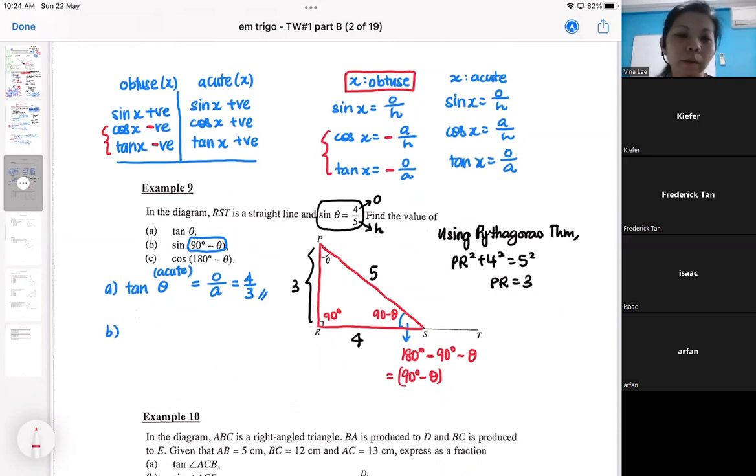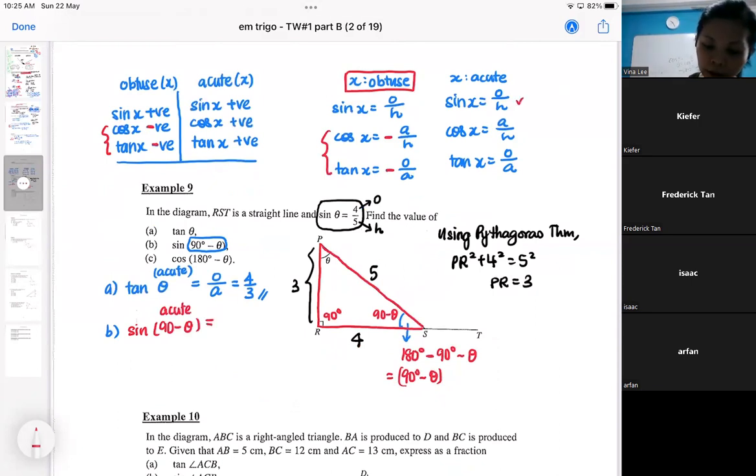So starting from here, things get confusing. This is the one that you've got to rely heavily on the formula. So from here, I like to have sine 90 minus theta, which is still classified as an acute angle.